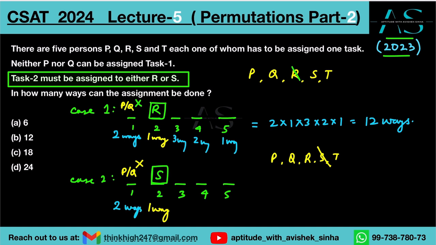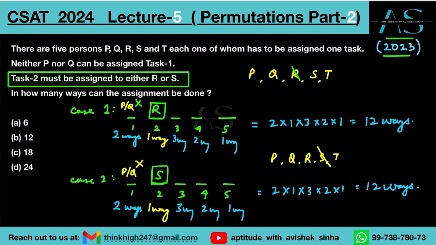Now, out of the 5 tasks, 2 tasks have been assigned. Therefore, to fill the remaining 3, we have 3 options. So the next tasks can be filled in 3 ways, 2 ways and 1 way. So again the answer is 2 into 1 into 3 into 2 into 1. That is 12 ways.